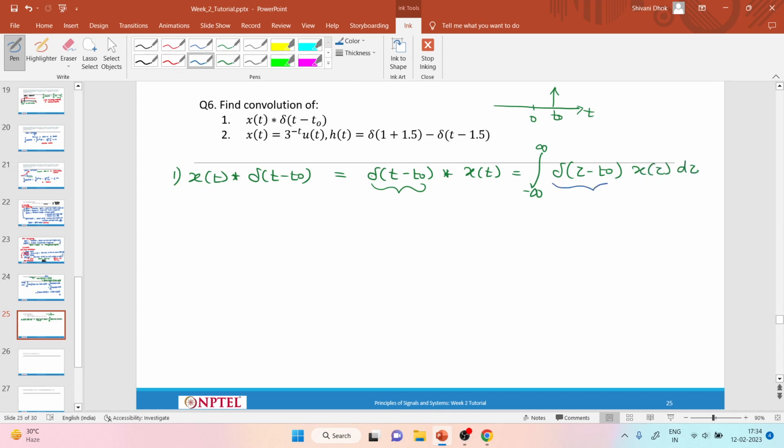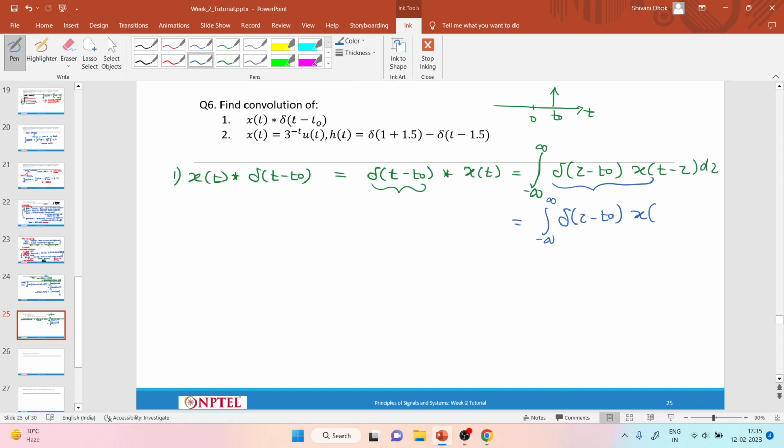Now here I can use the shifting property. Sorry, I made some mistake here, this is convolution, so it is x of t minus tau d tau.